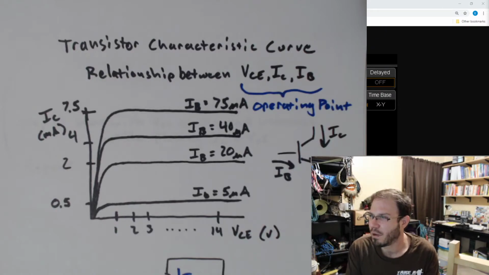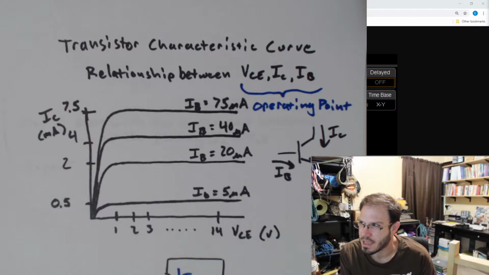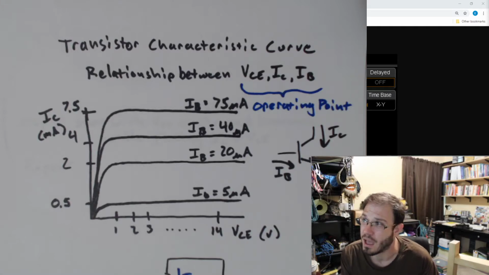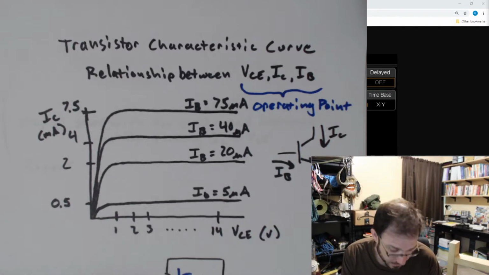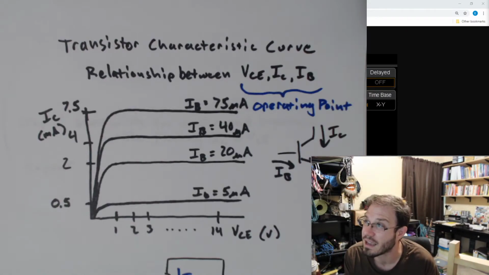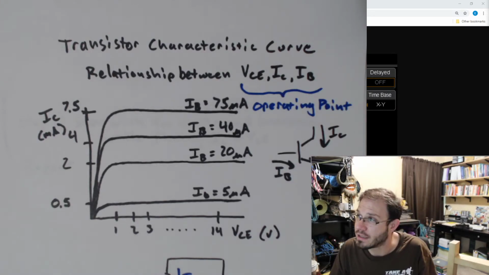Now, one of the things you've probably noticed, as much as we would like this to be an exact science, is that every part does come out of the oven a little different. Just the nature of creating these components, you do get slight variations. So what they typically do is shoot for a certain set of properties from a transistor.